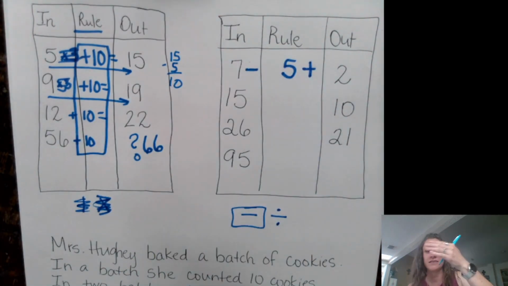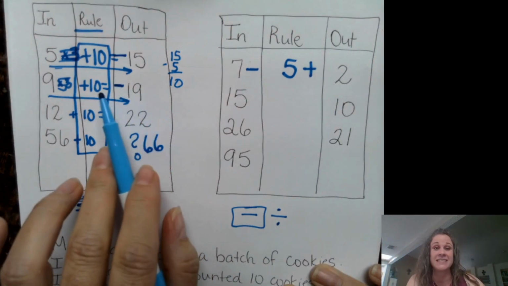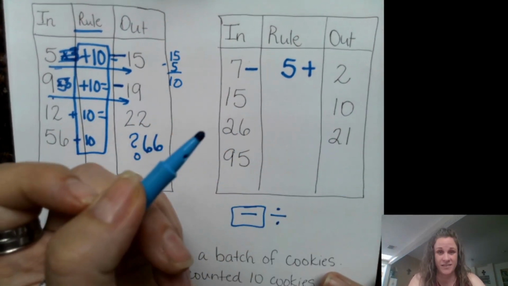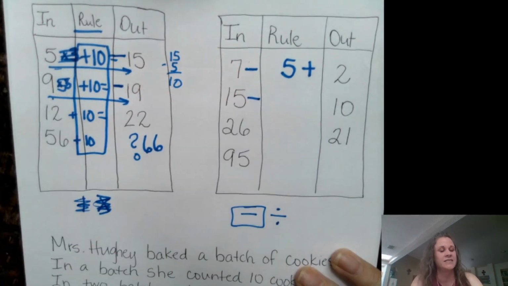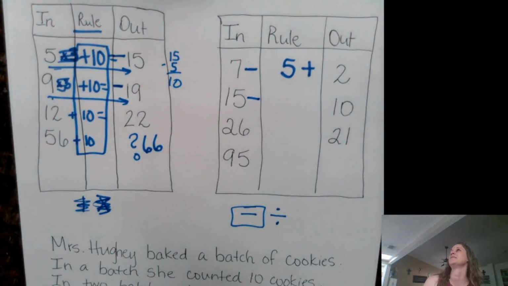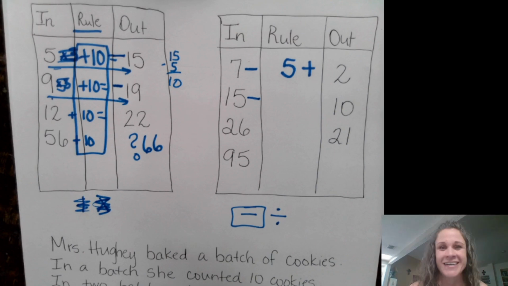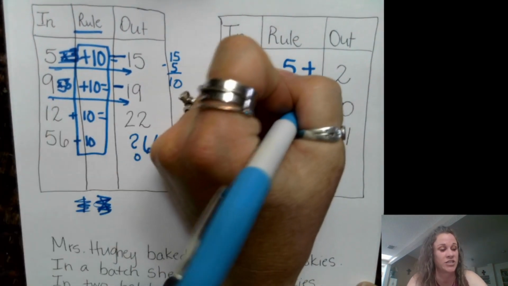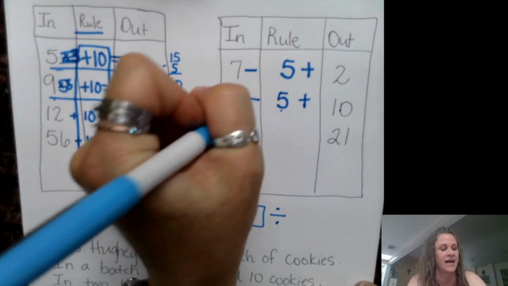If I'm subtracting this way, then if I'm working backward, 19 minus 10 would give me 9. So I'm going to do the same thing going this way. So 15 minus, oh, I'm done. I'm good, I checked one. No, you've got to check more. They love to let the first one or two work and then the third one not work. So 15 minus 5 would give you 10, or I could check myself and say 10 plus 5 is 15.